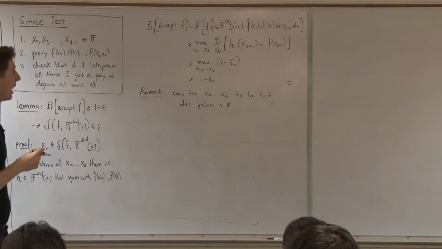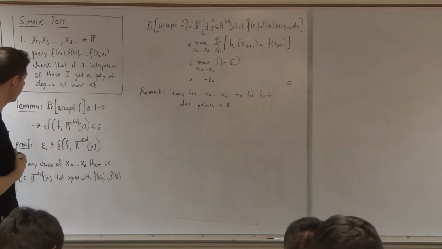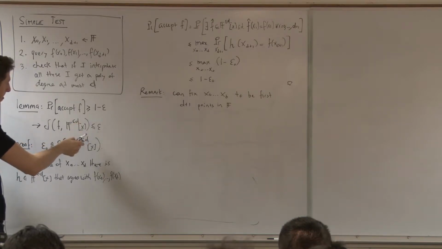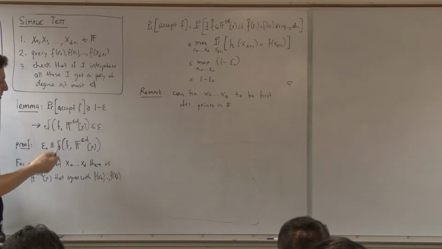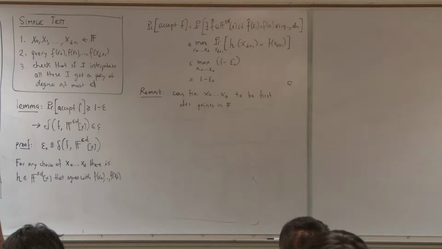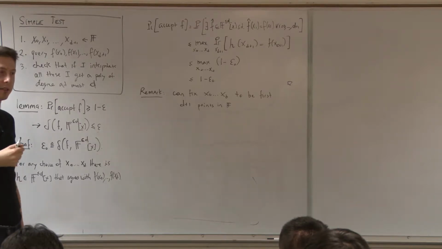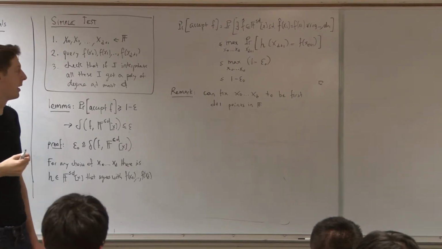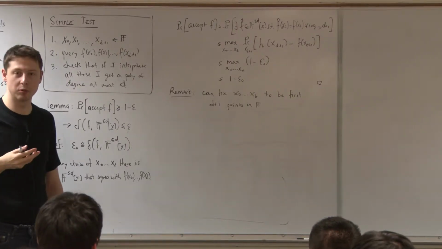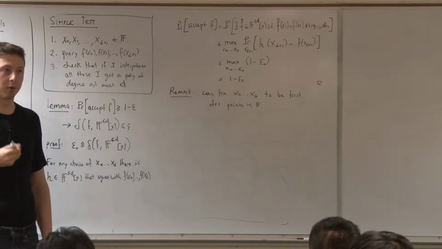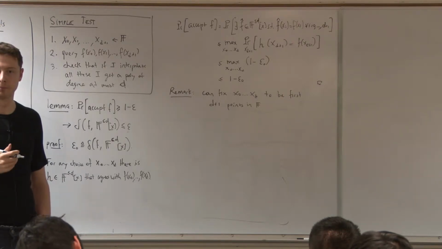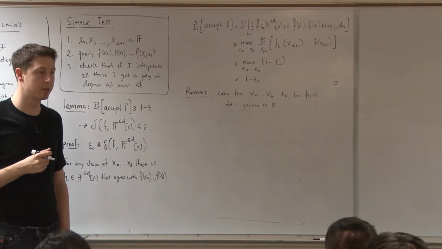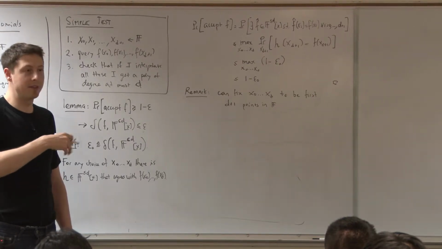Okay? And maybe one way to feel it is, suppose I wanted to amplify the soundness error of this test. One way I could do it is rerun the entire test. But what's a good way that is maybe more efficient? Yeah, I resample the last one.